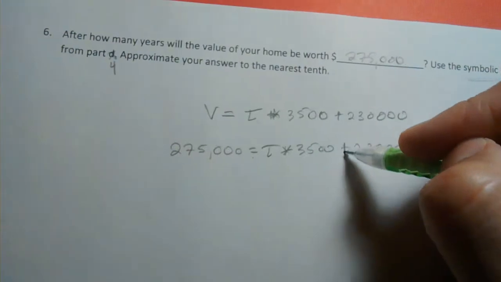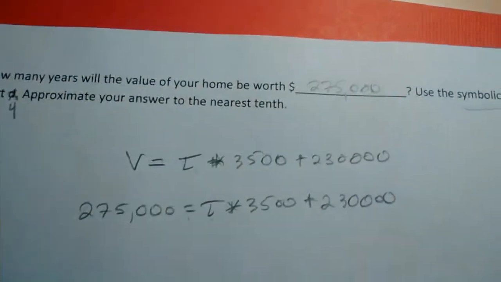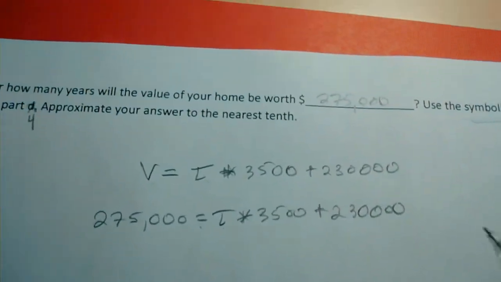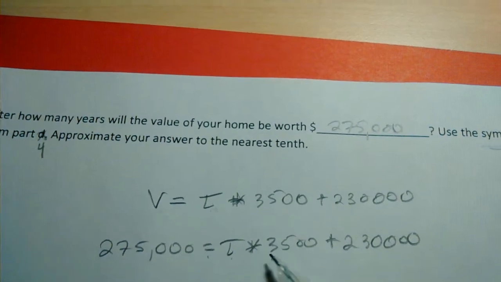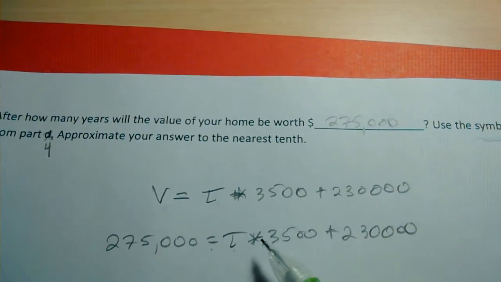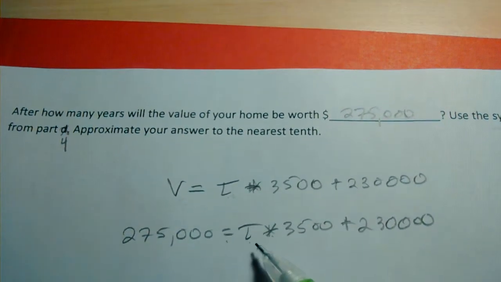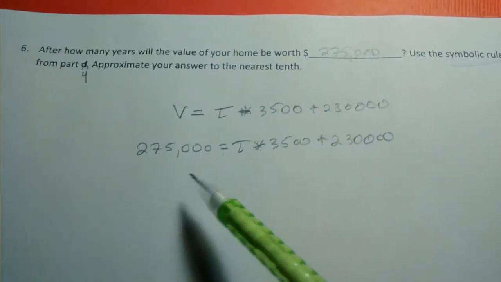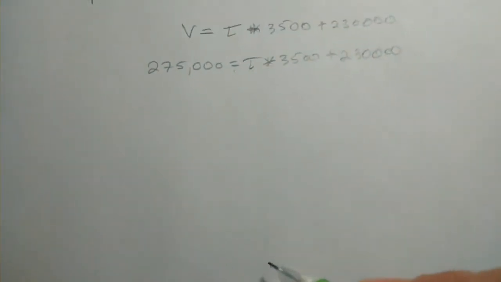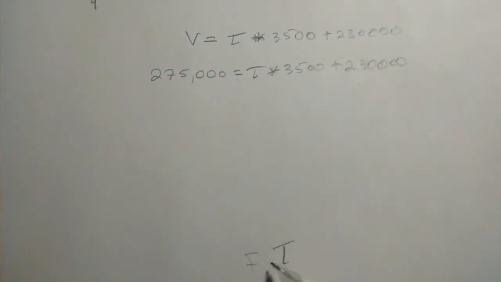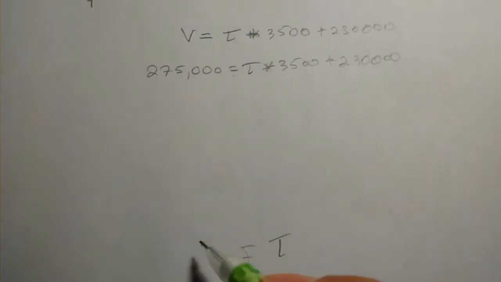You've got to perform some algebra steps. And the idea behind algebra is to undo this addition and multiplication with this variable to get this variable by itself, so that when you do work to both sides, you'll get an answer down here that looks like T equals some single value.